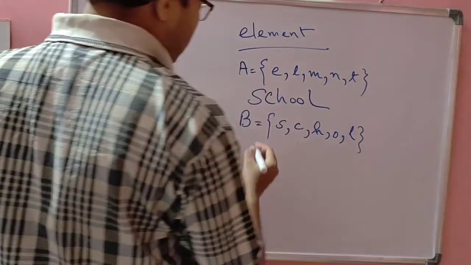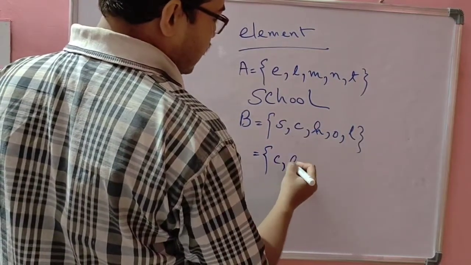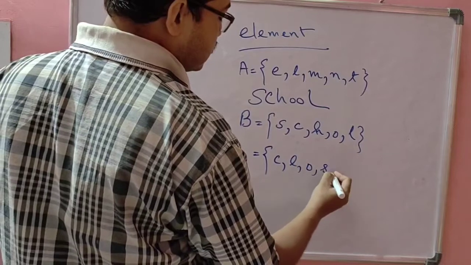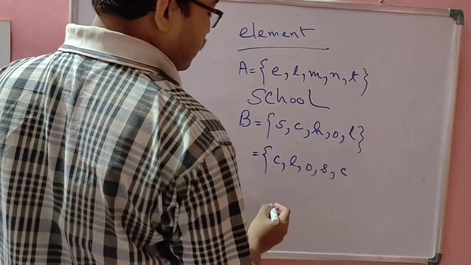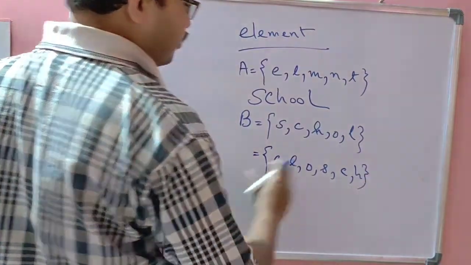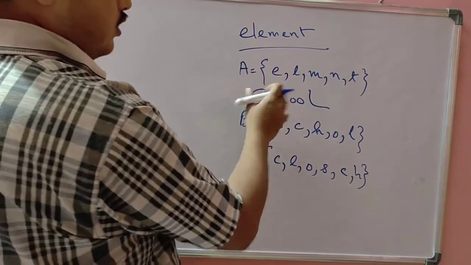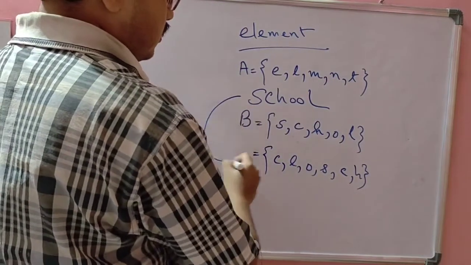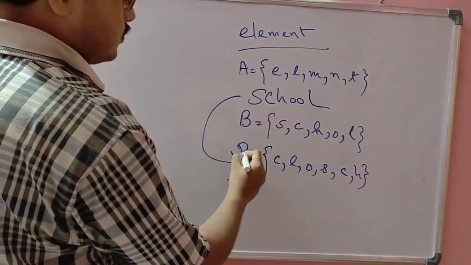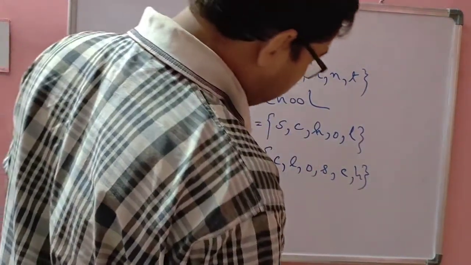Another thing, if B is a set, we can represent it like this: C, L, O, S, H. So we can rearrange the elements of the set. This will represent the same B set.